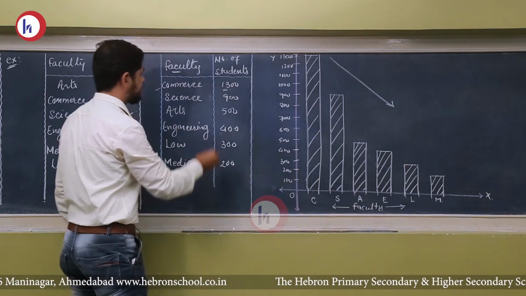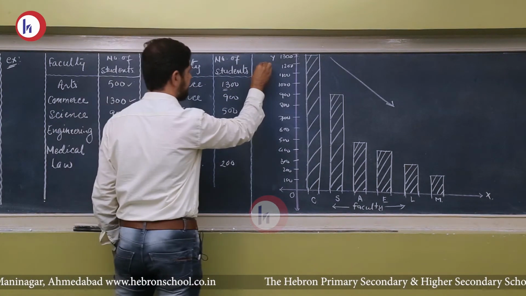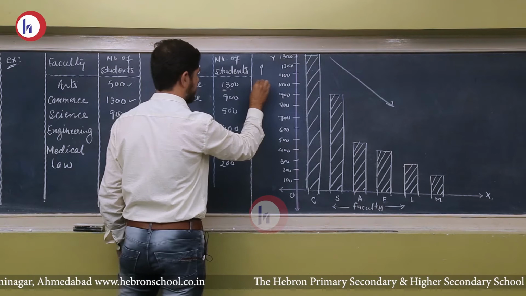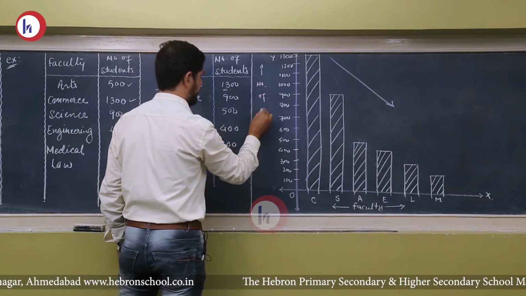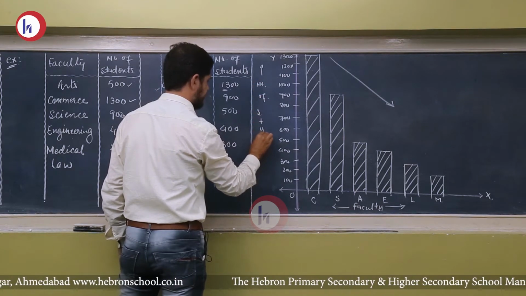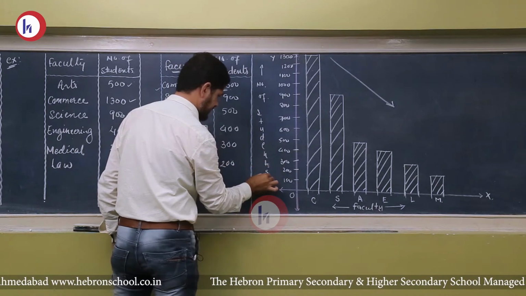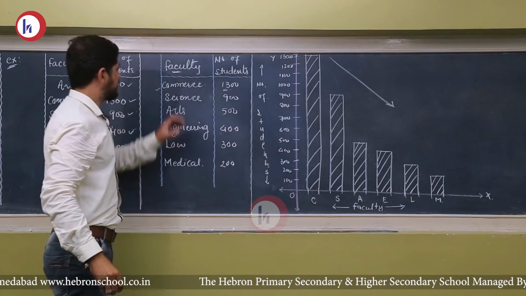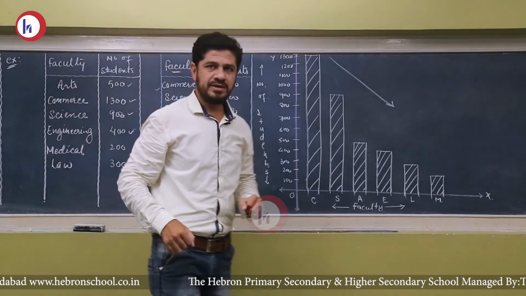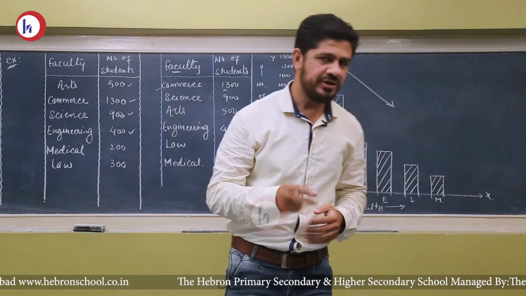On the y-axis, there is the number of students. Okay, so we denoted the data on the graph. Is it complete? Still not.